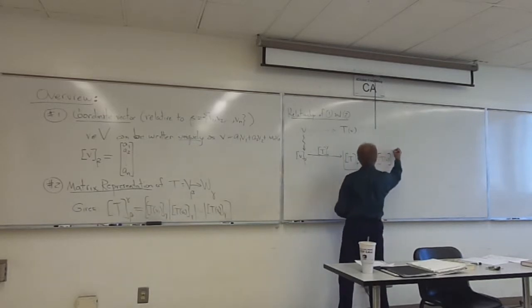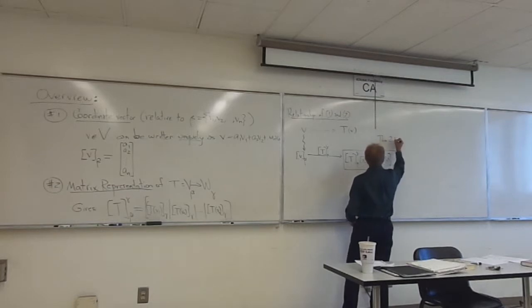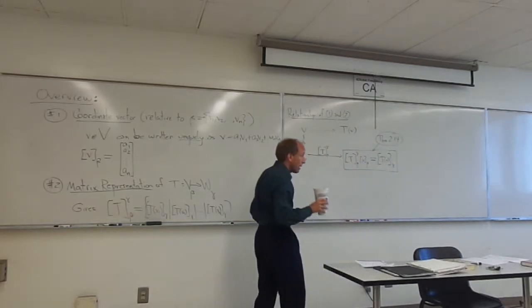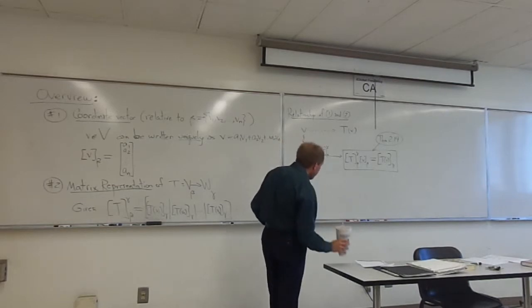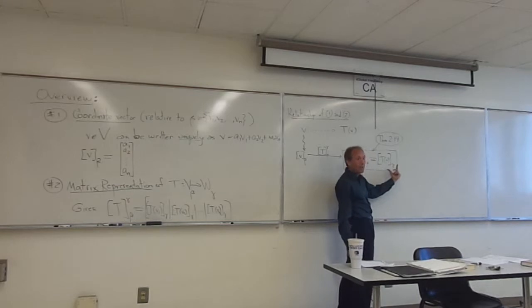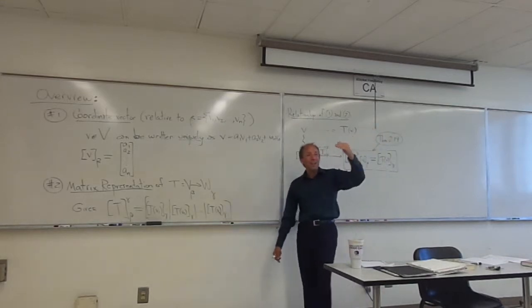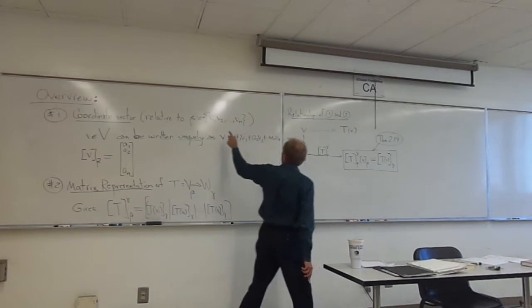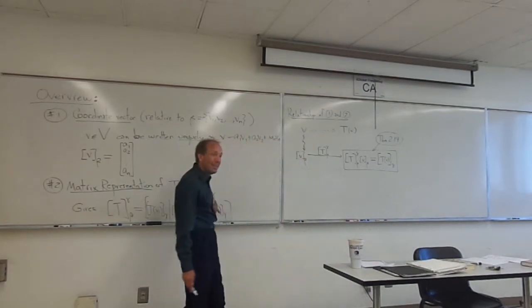This equation right here is theorem 2.14, early on in chapter 2 of the book. And of course, once you have the coordinate vector of T of V, then you also have what T of V is, because you know what all the scalars are. You know how to write T of V as a linear combination of the basis gamma, right?